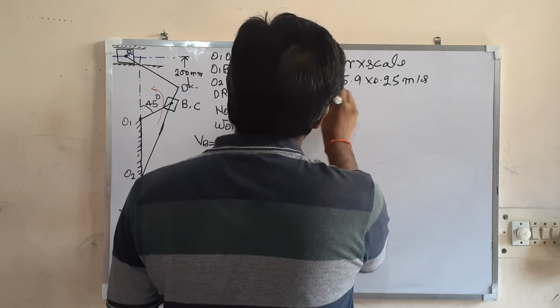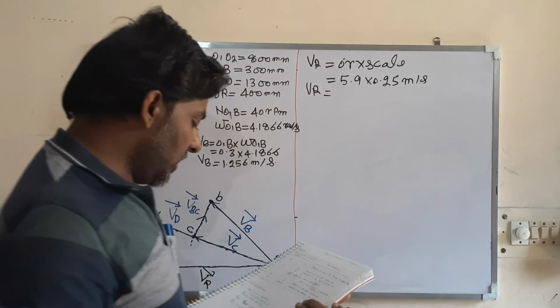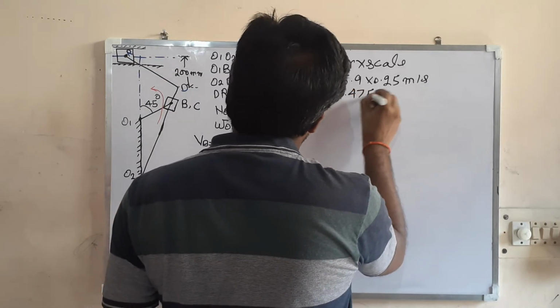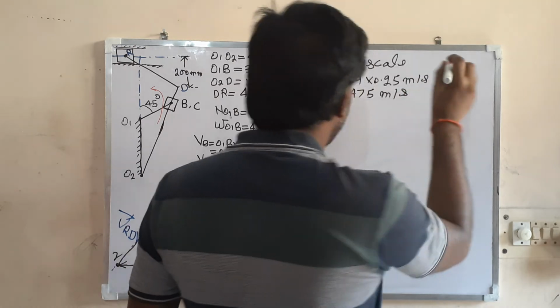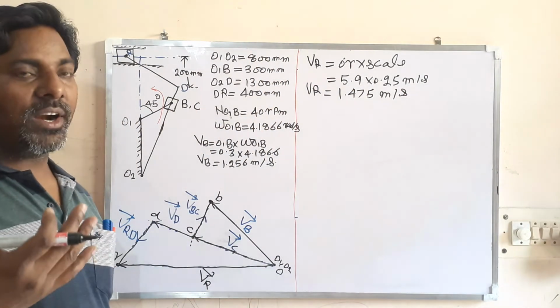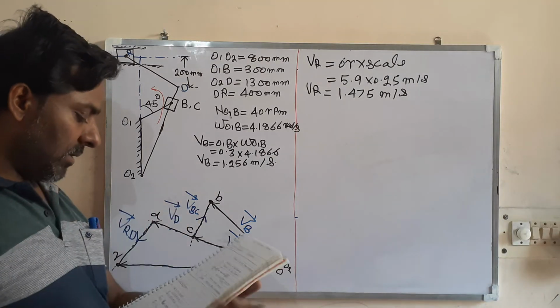So I am getting velocity of the ram VR is equal to 1.475 meter per second. So you have calculated the velocity. Calculation is somewhat easy, just drawing is somewhat difficult.